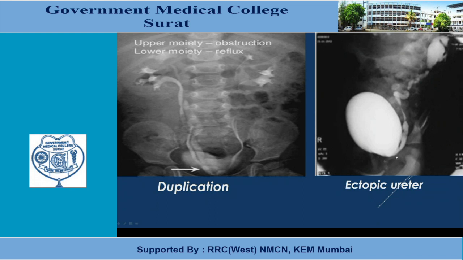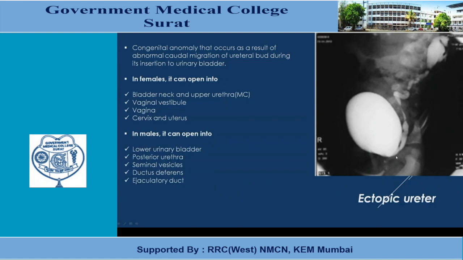Various ectopic openings of the ureters are seen in females: bladder neck, upper urethra, vaginal vestibule, cervix and uterus.